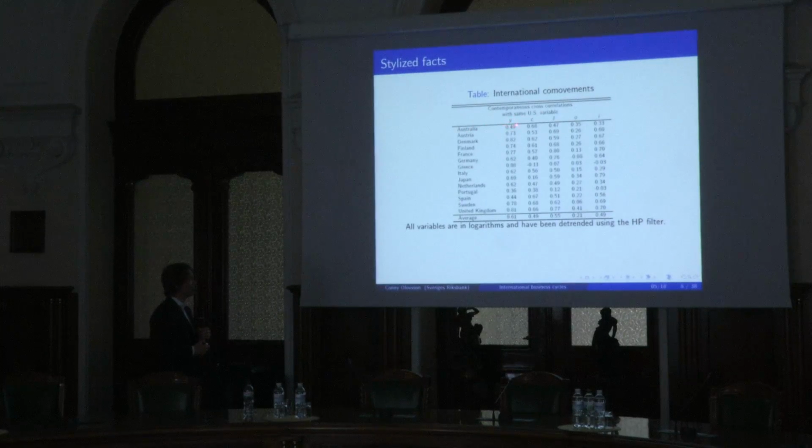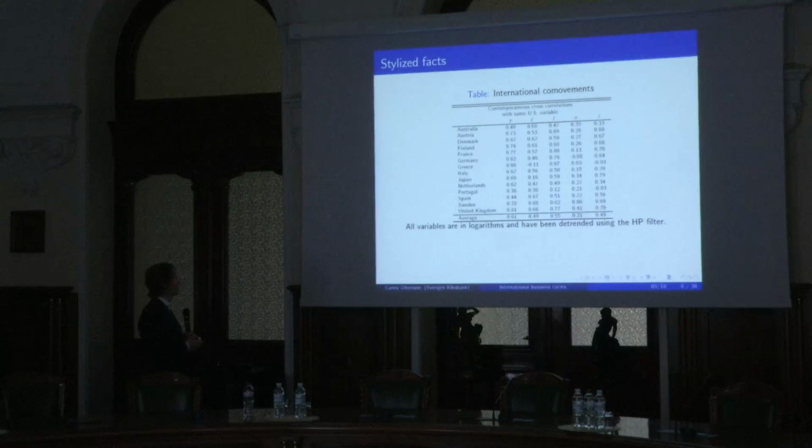The first entry shows the correlation of Australian GDP with US GDP, and this is the correlation of Swedish GDP with US GDP. So all these correlations are with the US. You don't need to do that, but that's often what people look at. You could of course look at all possible correlations between these countries, and people have done that. It changes slightly, but you still get a similar message.